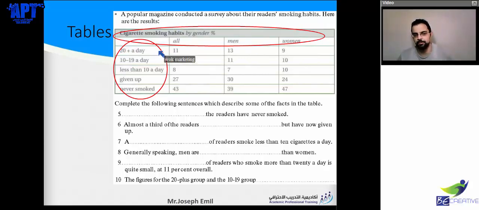Alright? So 11% of the people smoked 20 plus cigarettes a day. And this is another mistake I made. It's not 11% of smokers, this is absolutely wrong.